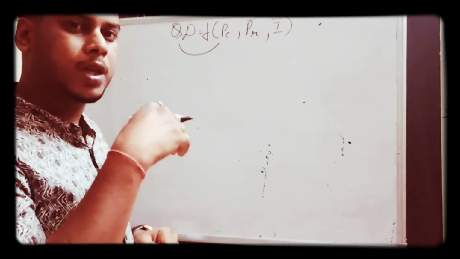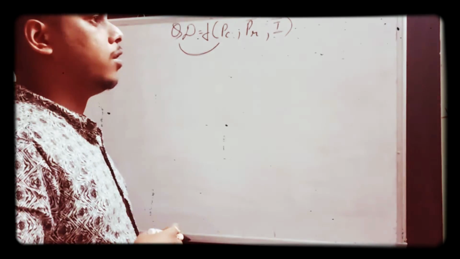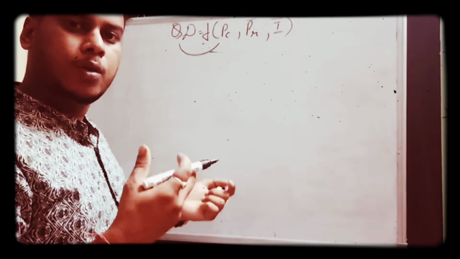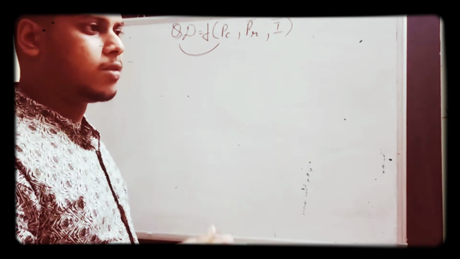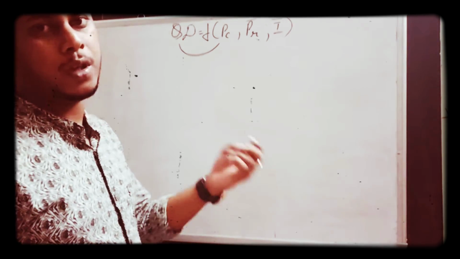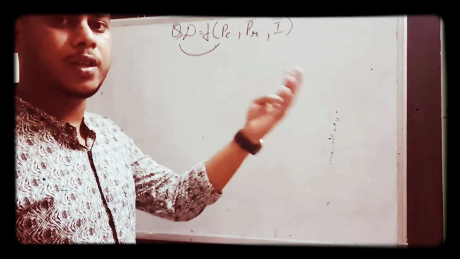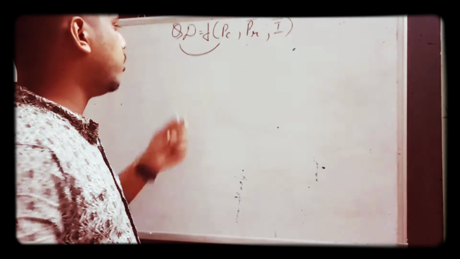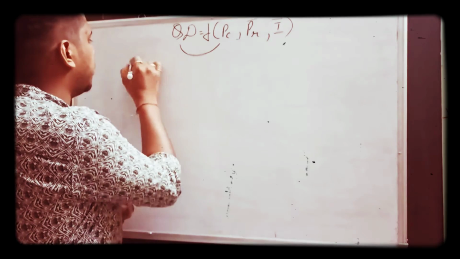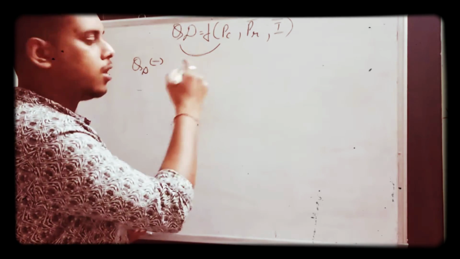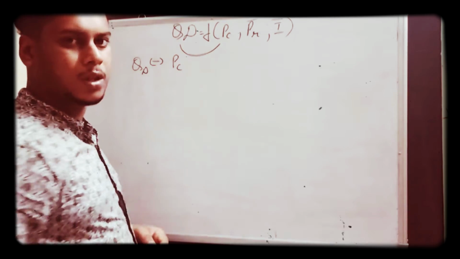If the price of a commodity changes, then obviously the quantity demanded will react. If the price of the commodity increases, the quantity demanded will fall. If the price decreases, the quantity demanded will increase. So what do we see? Quantity demanded has a negative relationship with the price of the commodity.